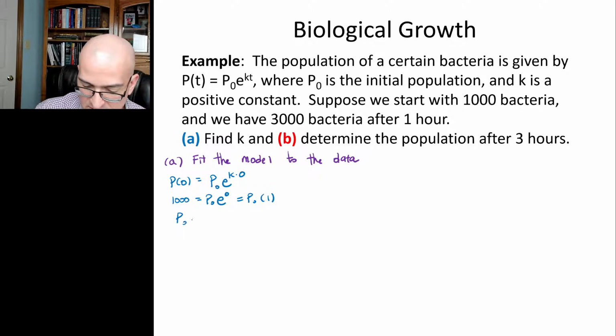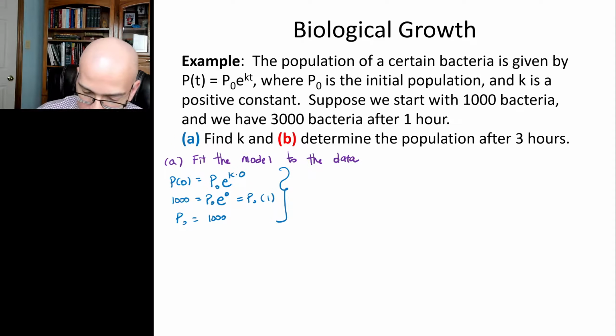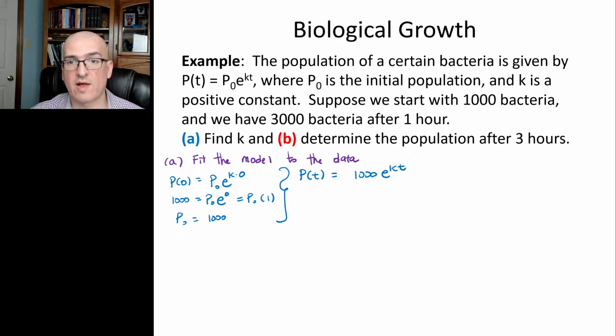And that means P0 is equal to 1,000. And this is always going to be the case: your initial population is just multiplied in front. So you have initial population times e to the kt. So P of t is 1,000 times e to the kt. And yes, we could have inferred that directly from how the model was written down and how the information was given to us in the problem.